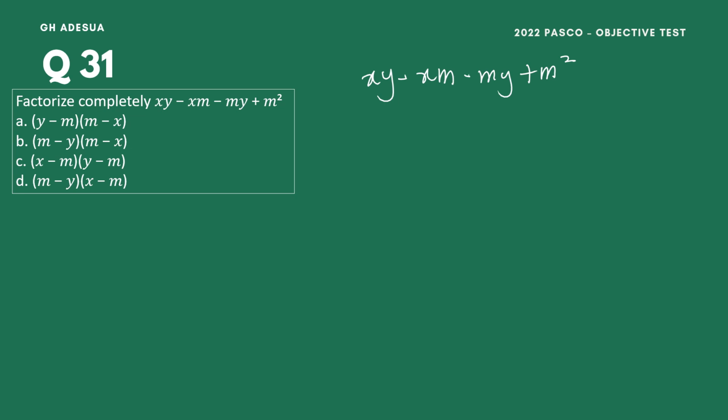But since they are in 4 parts, it is easier for us to just group them in brackets, since we are about to factorize. So we have our first group being xy minus xm, then minus, into a bracket, sorry, then we have the next bracket, negative my plus m squared.